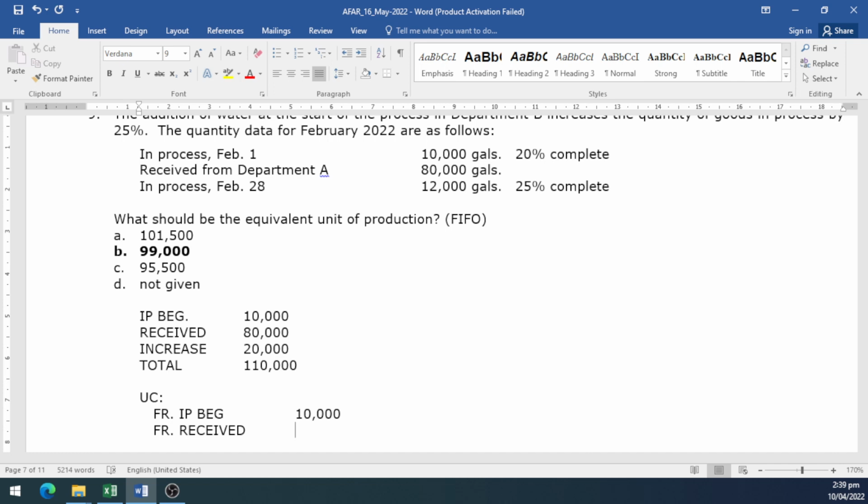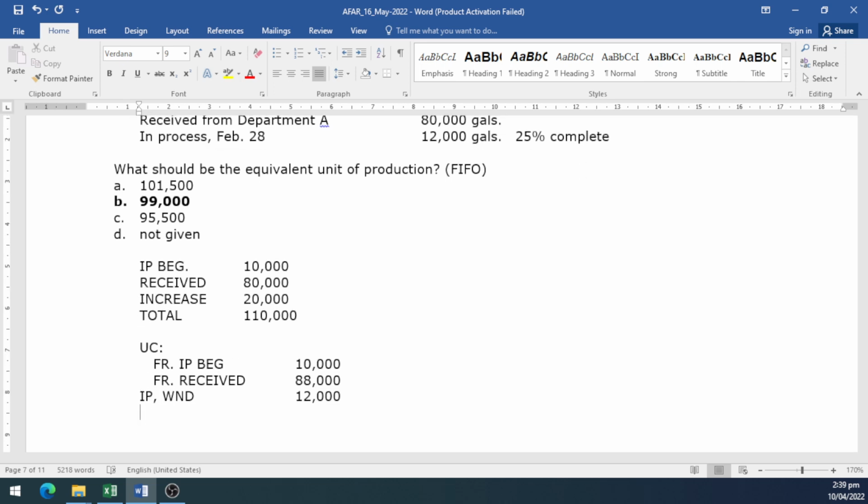So, kung 98,000 yung total units completed, 88,000 yan. IP end, 12,000 gallons. So, ito po yung total natin na 110,000.